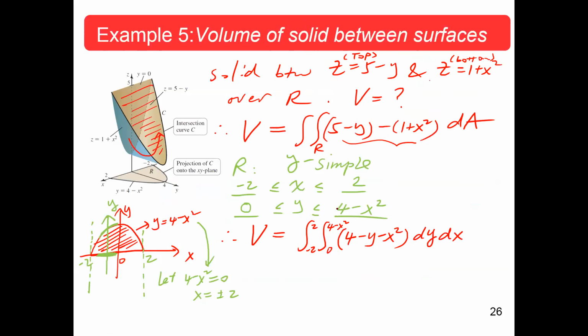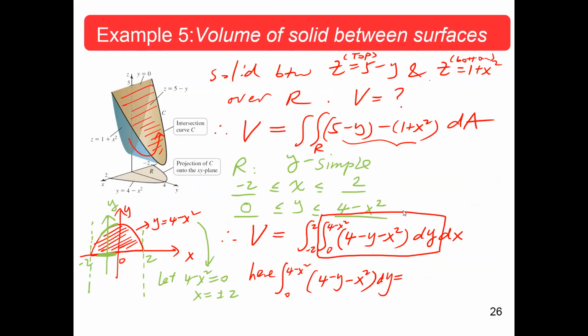Yes. Okay, great. And then again, we're just going to do the routine calculation, right? Here, from 0 to 4 minus x squared, 4 minus y minus x squared dy will just be the antiderivative. So the antiderivative will be 4y minus y squared over 2 minus x squared times y, and then evaluate y from 0 to 4 minus x squared.